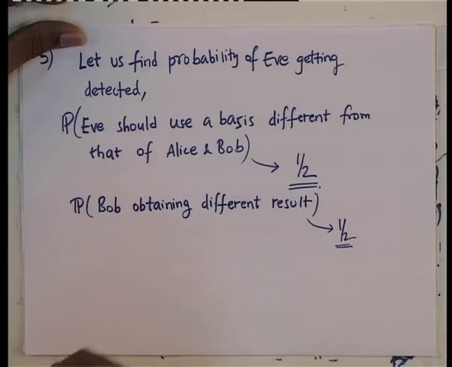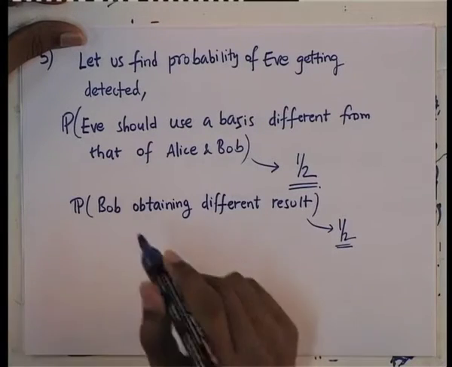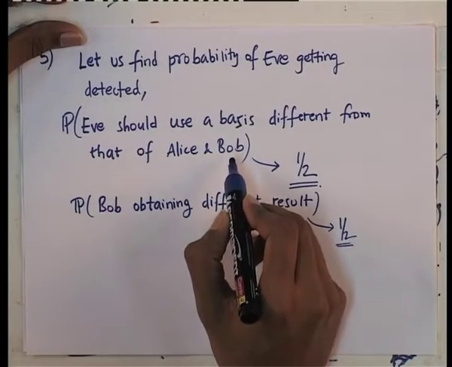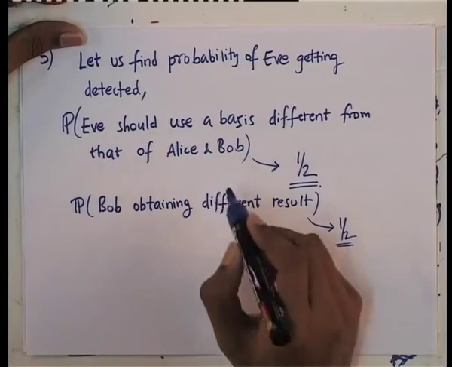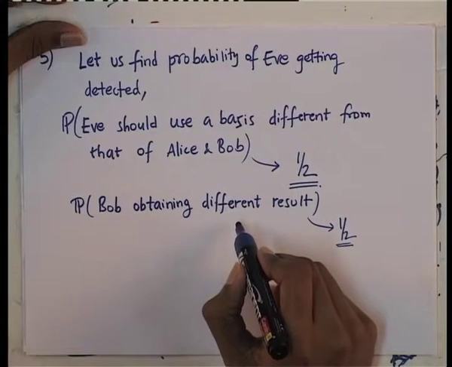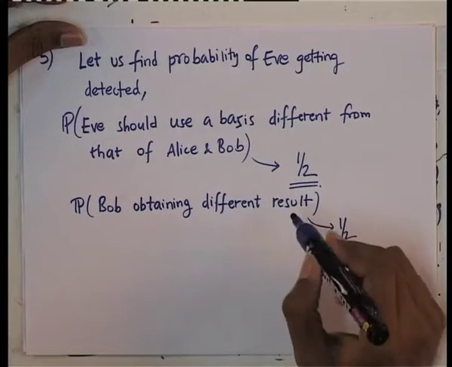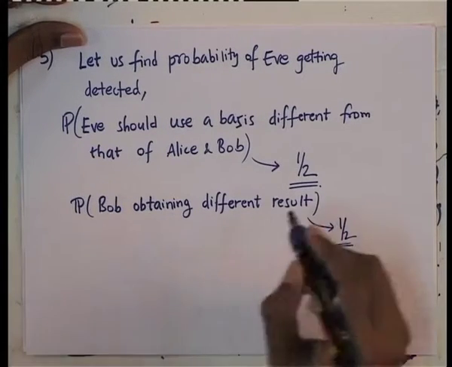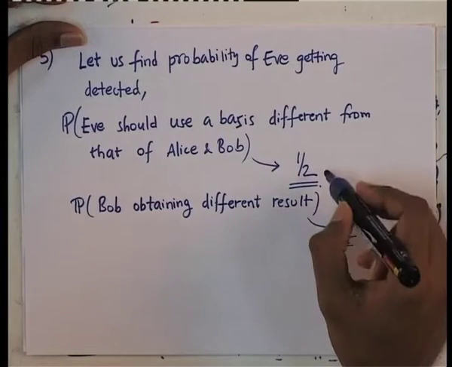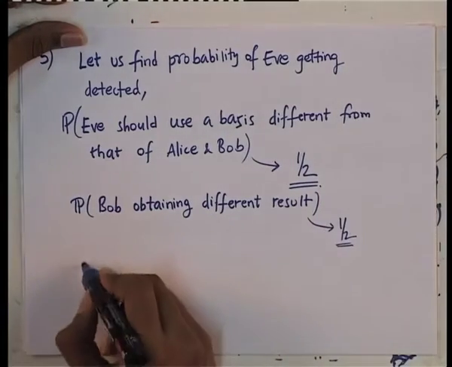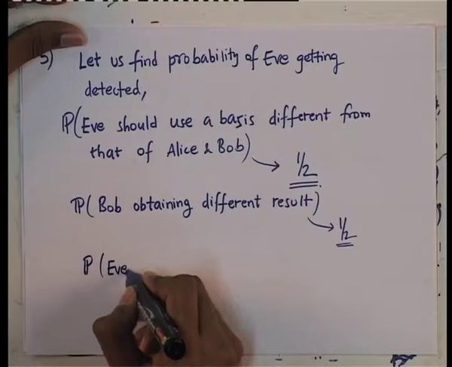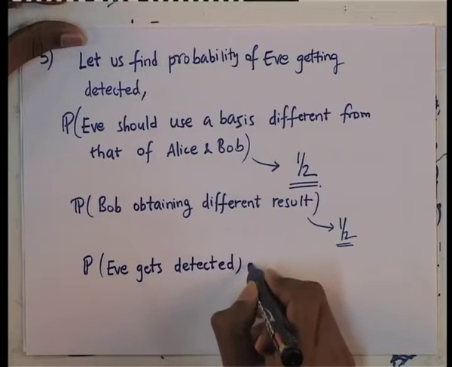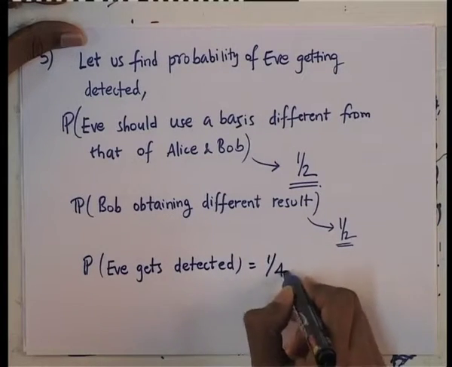So Eve will get detected if and only if Alice and Bob have used the same basis and Eve uses a different one, and in that case if Bob obtains a different result than Alice, then they observe that a third person is present in the communication. So we have two different events whose probabilities are half. So probability of Eve getting detected is half times half, 1 by 4.